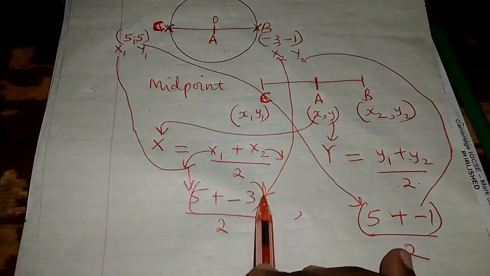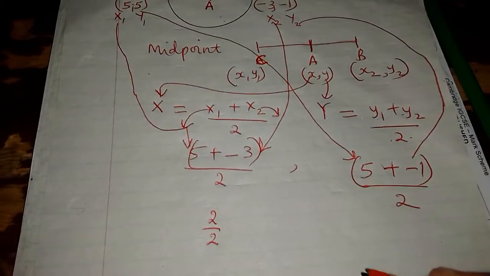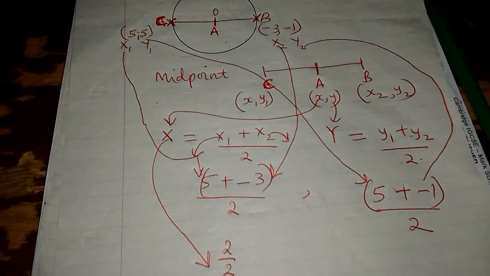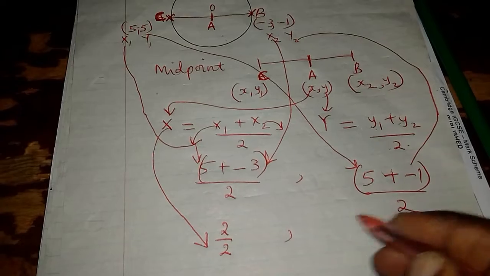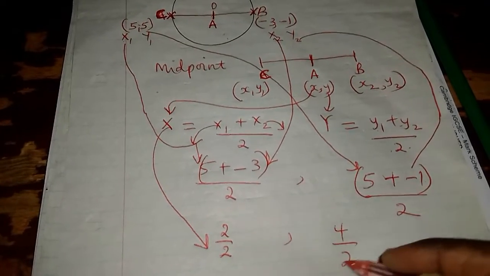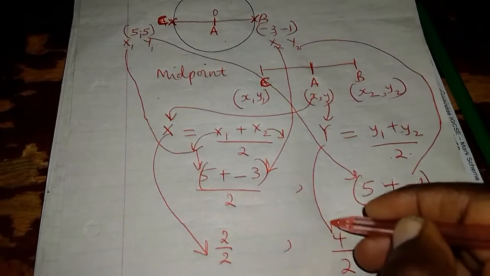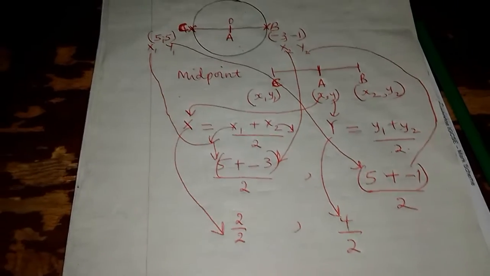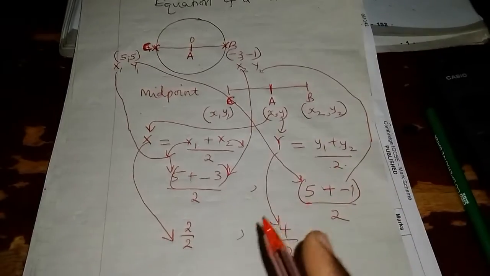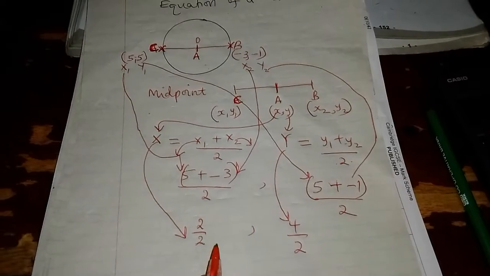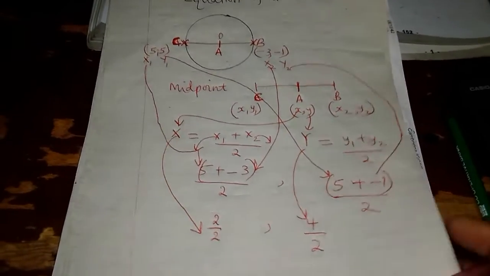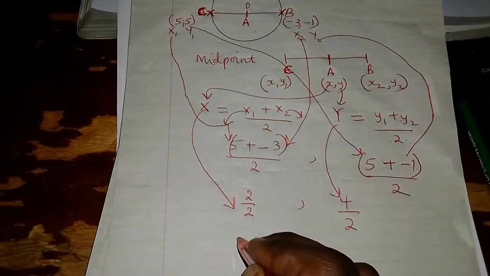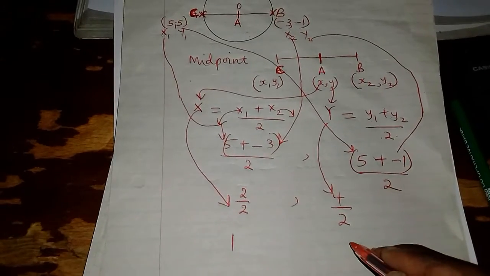5 plus negative 3 is actually 2, so it's going to be 2 over 2. We're going to get our x. Then I'm going to have 5 plus negative 1, that is 4, divided by 2. We want to get our y. Great. So our x is going to be 1, our y is going to be 2.